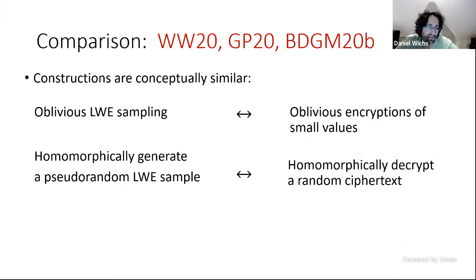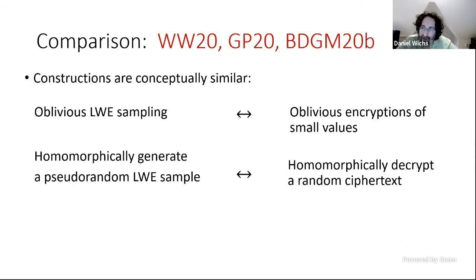The way we do oblivious LWE sampling is we homomorphically generate a pseudorandom LWE sample. That's the very high-level picture; I'm skipping all the CRS and a lot of details, but that's the main tool here. Whereas in the other works, you were essentially homomorphically decrypting a random ciphertext in the CRS.